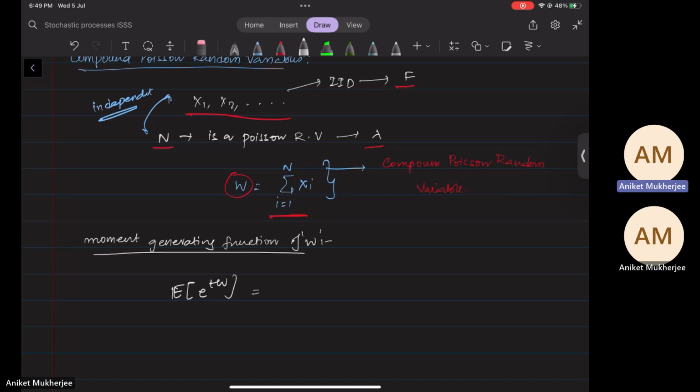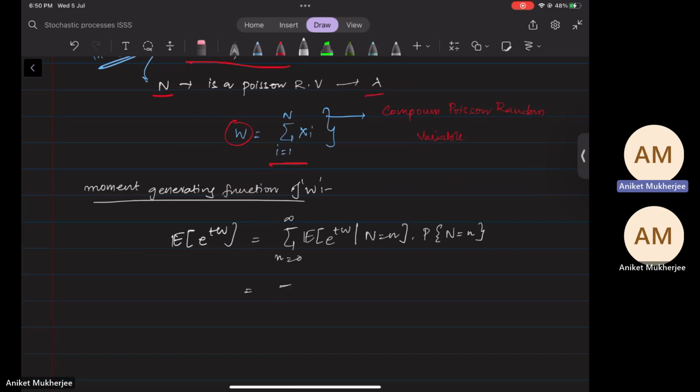Now n can take any value from 0 to infinity because it's a Poisson random variable. So we'll have summation n equal to 0 to infinity, expectation of e power tW conditioned on n equal to n, into probability of n equal to n.